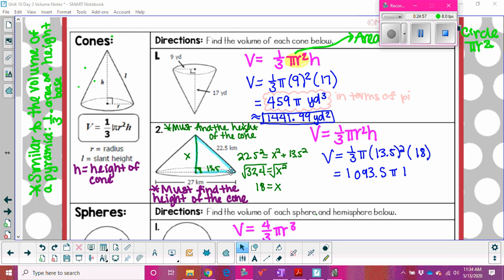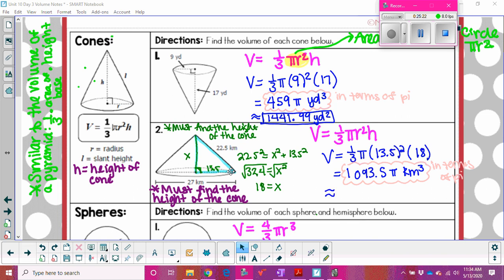Okay, so I'm going to go ahead and circle that. That is in terms of pi. Whoops, my kilometers disappeared. There we go. Now we'll write in terms of pi out here just so you know. Okay, so let's get an estimated amount.